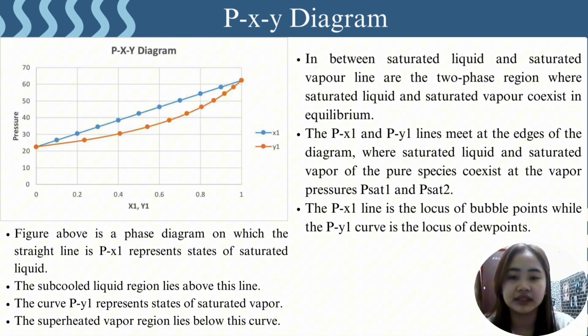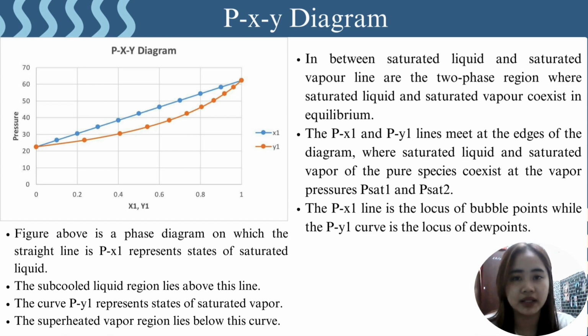The figure above is a phase diagram on which the straight line Px1 represents states of saturated liquid. The subcooled liquid region lies above this line. The curve Py1 represents states of saturated vapor. The superheated vapor region lies below this curve. In between the saturated liquid and saturated vapor lines are the two-phase regions where saturated liquid and saturated vapor coexist in equilibrium.